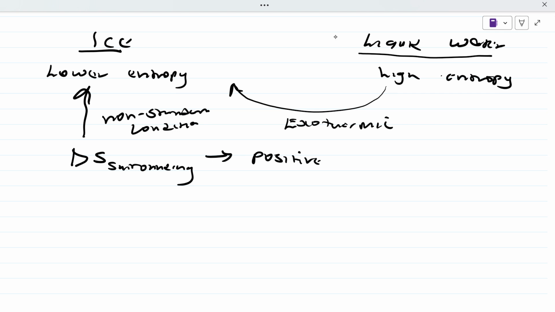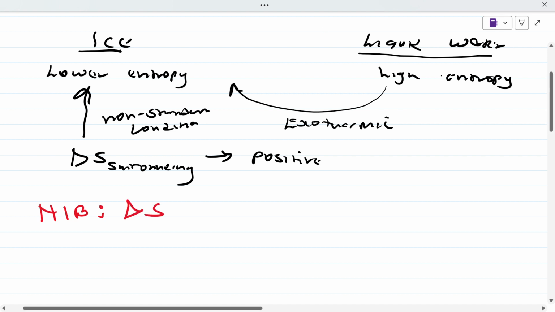So, for that matter, I can make a conclusion: that for water to freeze, entropy of the surroundings should be greater in magnitude than entropy of the system.